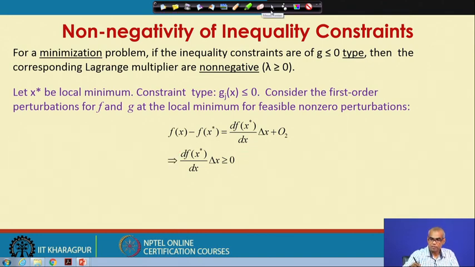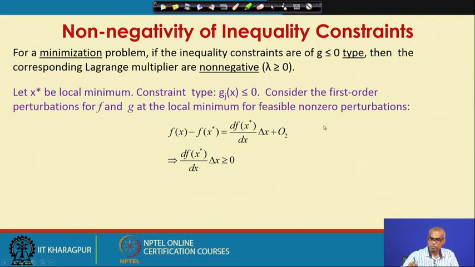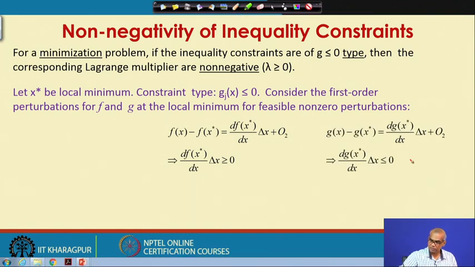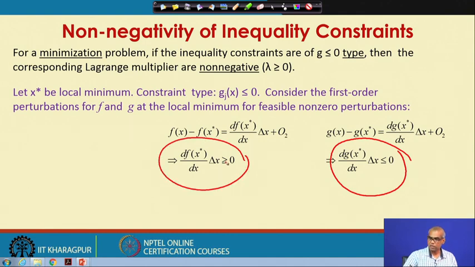Similarly, if I have inequality constraints of g less or equal to 0, the feasible perturbation will mean that dg dx delta x is also less or equal to 0. So, df dx delta x greater or equal to 0, dg dx delta x less or equal to 0.